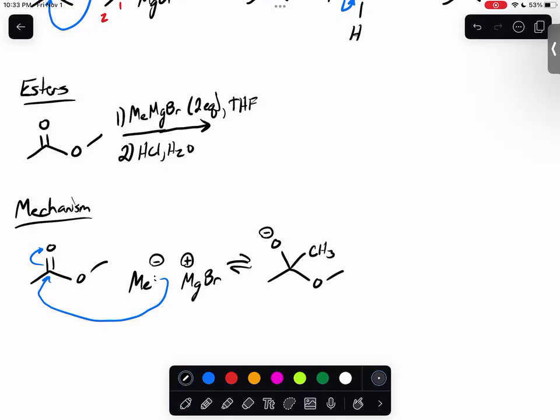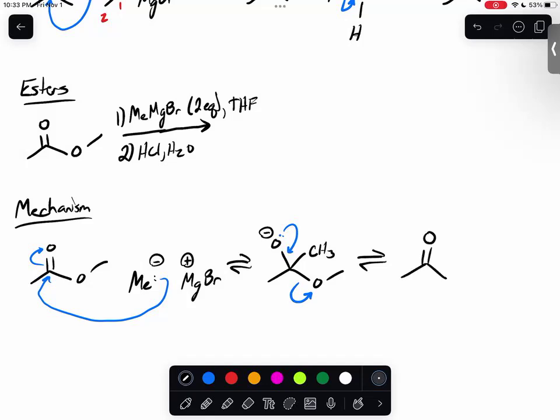At this point, it's the same idea that we were talking about for the previous reactions with the hydrides. We've added in something that can't act as a leaving group. But what can happen is we can reform this double bond, primarily because it's entropically favored, right? Enthalpically, it's very similar, but entropically, it's very happy.